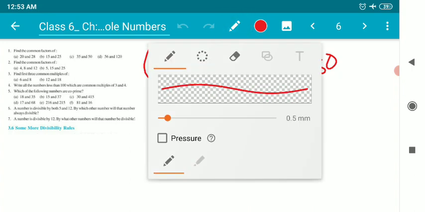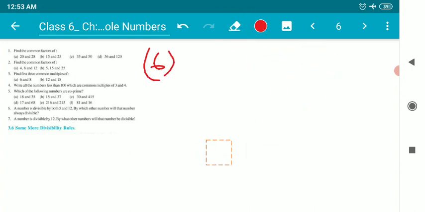Children, always remember, when a number divides a number, all of that number's factors also divide it. I know it's a bit confusing for you all. Suppose I have chosen the number 84. So 84 is divisible by 12.